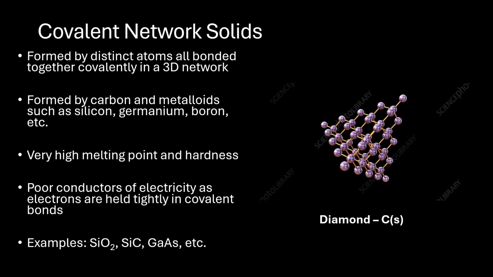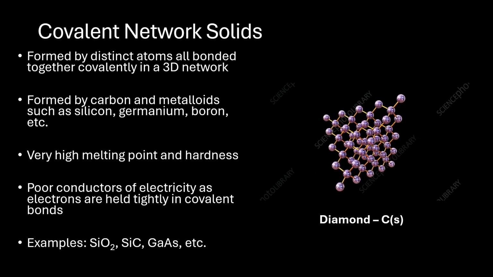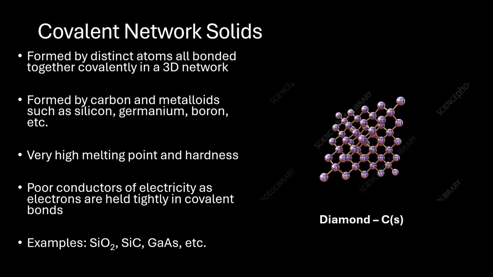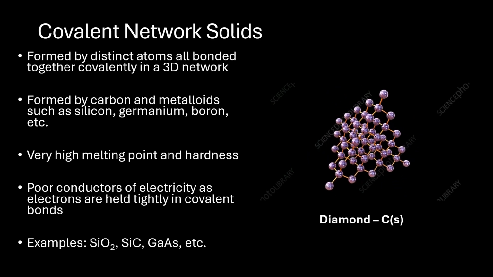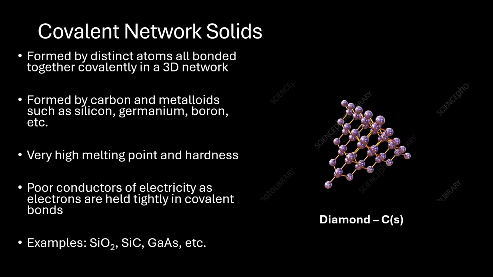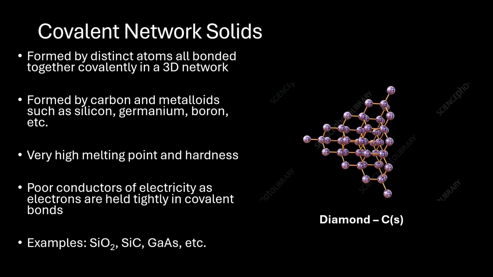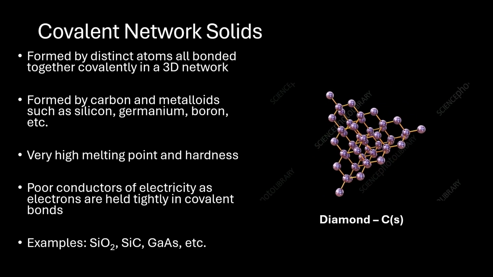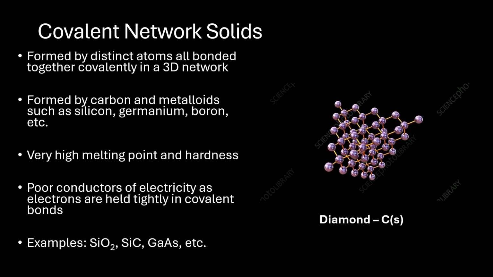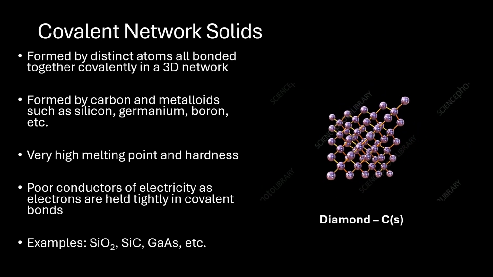Examples that you could see on the test: carbon, diamond and graphite, or silicon dioxide, a silicon and carbon covalent network, a germanium and arsenic. You could see a couple of different ones, but I would bet on it being something to do with carbon or silicon dioxide. Those are the two common ones.